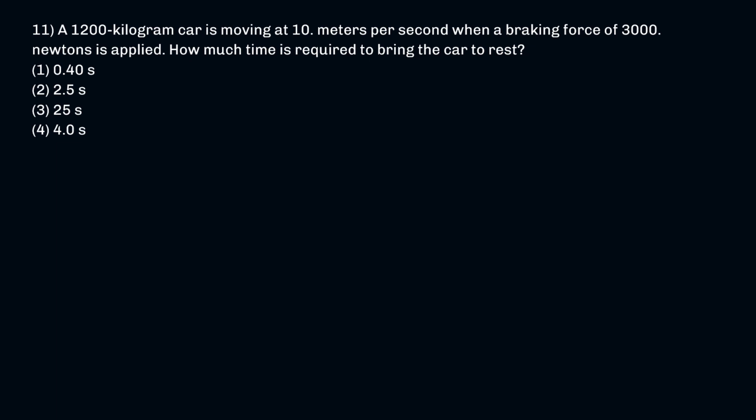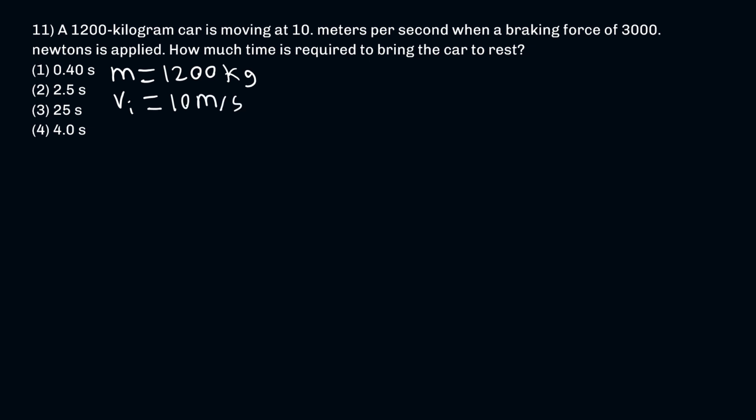The first thing I see here is a 1200 kilogram car. That is a mass, so mass is 1200 kg. It is moving with an initial velocity of 10 meters per second, because later it says I'm bringing it to rest, so Vi is equal to 10 meters per second.